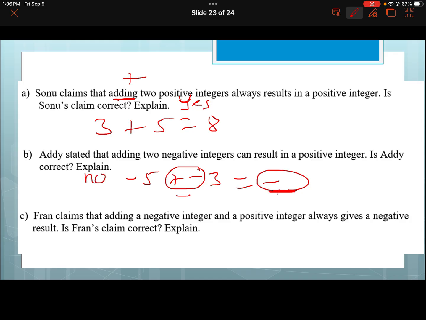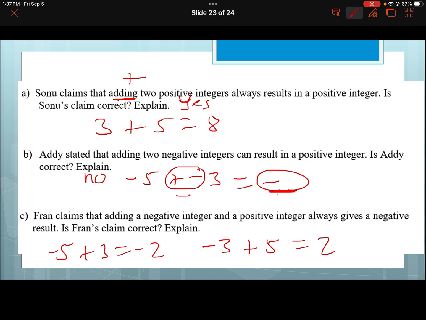Just wrong. Fran claims that adding a negative integer and a positive integer always gives a negative result. I was just throwing integers down, and I got -2. Fran's right. If I did -5 plus 3, that'd get me -2. So she's right there, but she's wrong here.